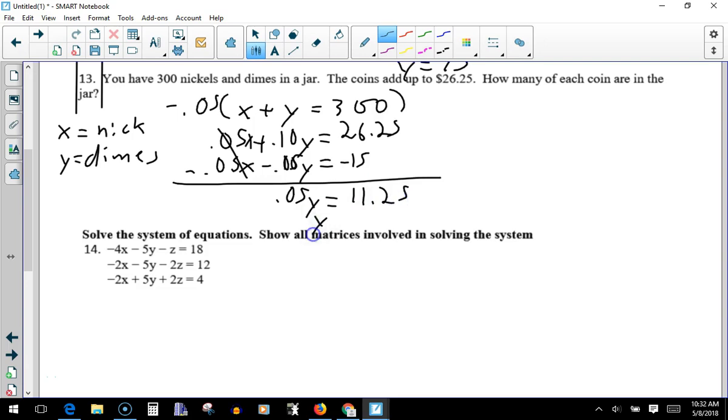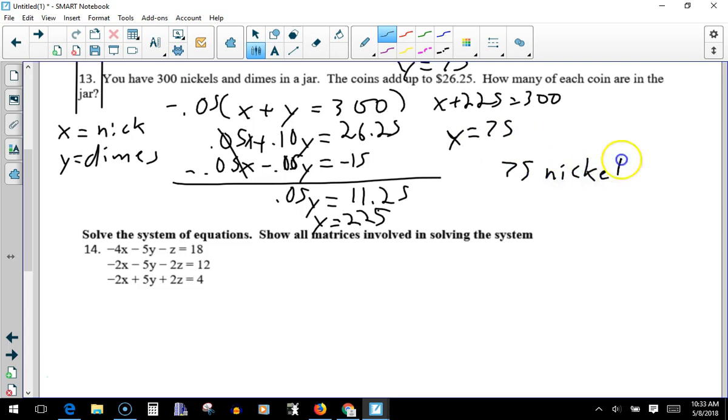Now if I divide by 0.05, I get y equals 225. Not 222, 225. Now if I plug that in, x plus 225 equals 300, then x equals 75. So that means I had 75 nickels in the jar and 225 dimes. And remember, you must answer these problems with words.